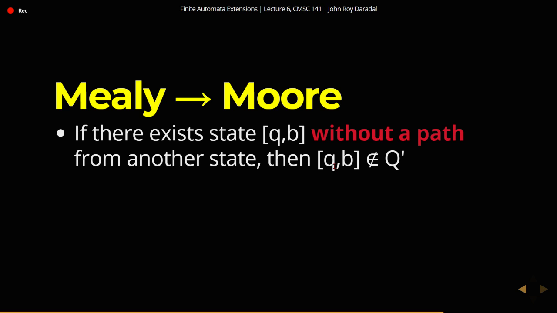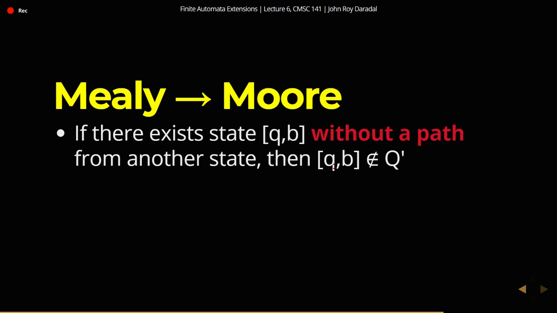And the last thing that you need to know is that in converting Mealy to Moore, there will be some states that are unreachable. If we enumerate all states, we will generate their transitions, but some states are actually unreachable.